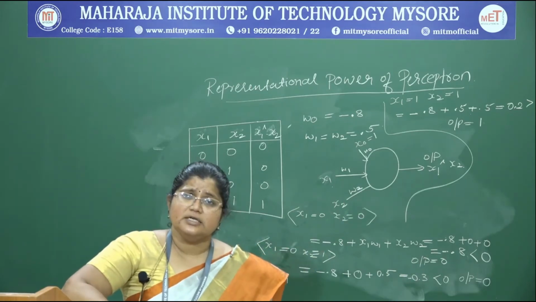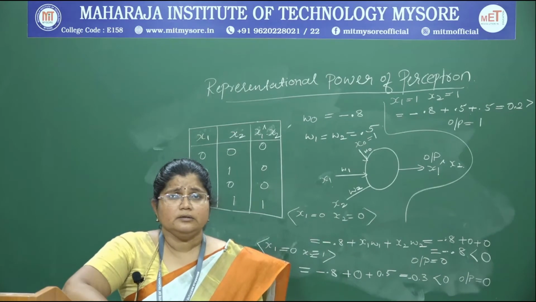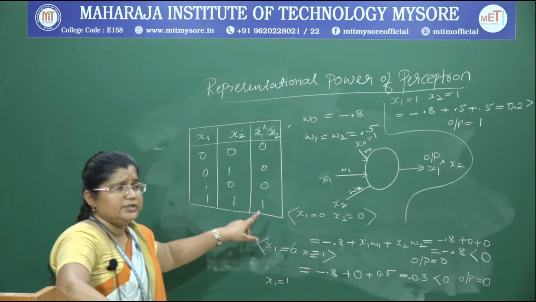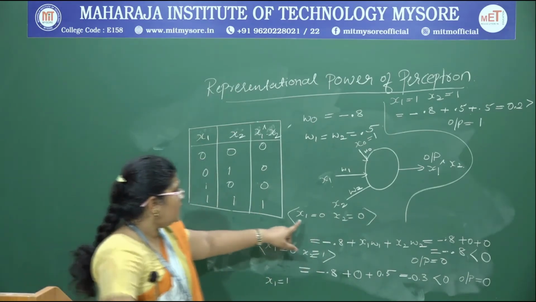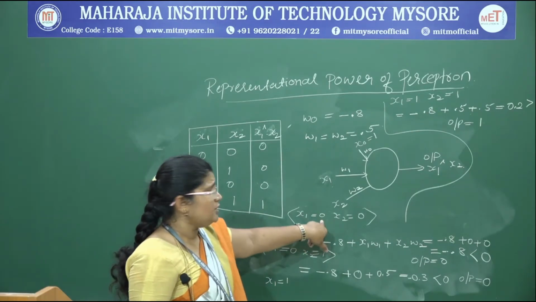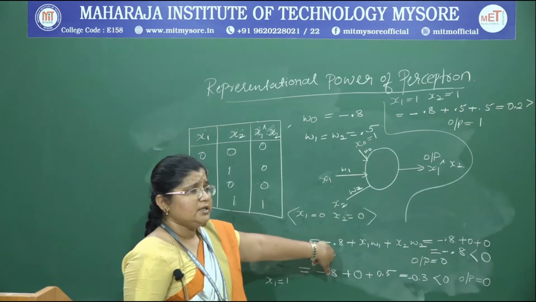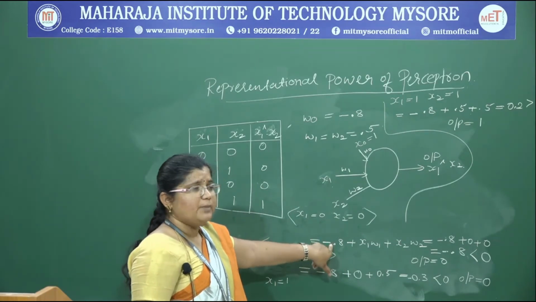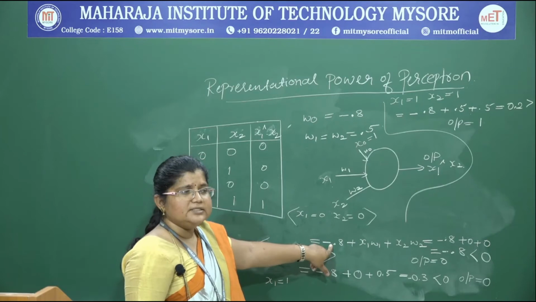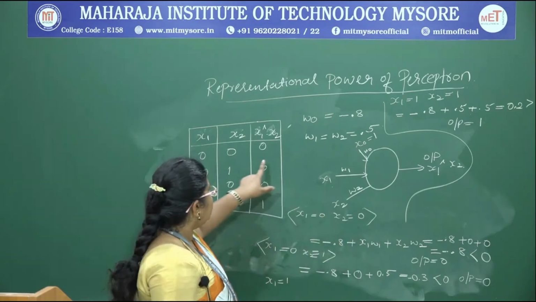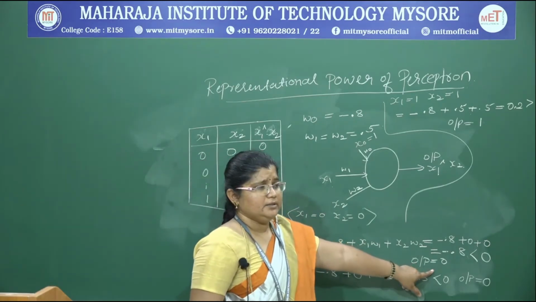If it is less than 0, then the output will be 0. Now according to these weights, x1 is equal to 0, x2 is equal to 0, then we are going to get minus 0.8 itself, and minus 0.8 is less than 0, so the output will be 0.